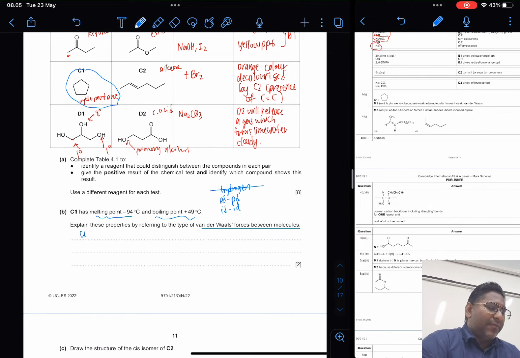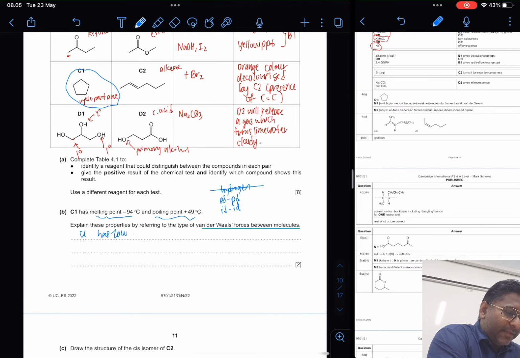And then we tell which one. They even mention instantaneous dipole, induced dipole. That's it. So C1 has a low melting point and low boiling point because it has weak van der Waals forces.